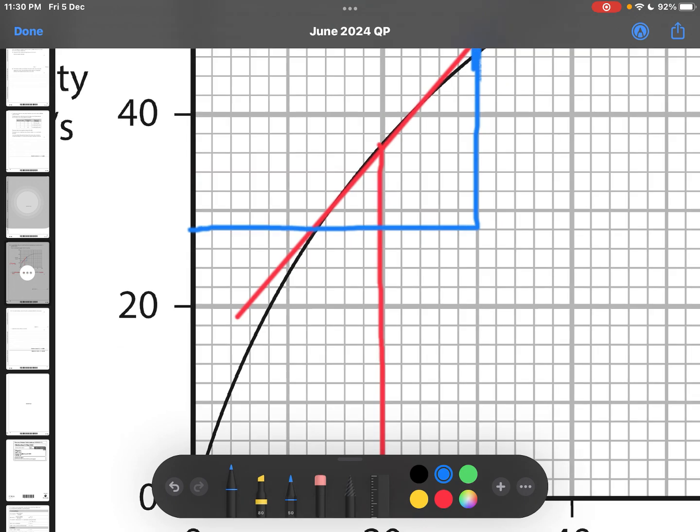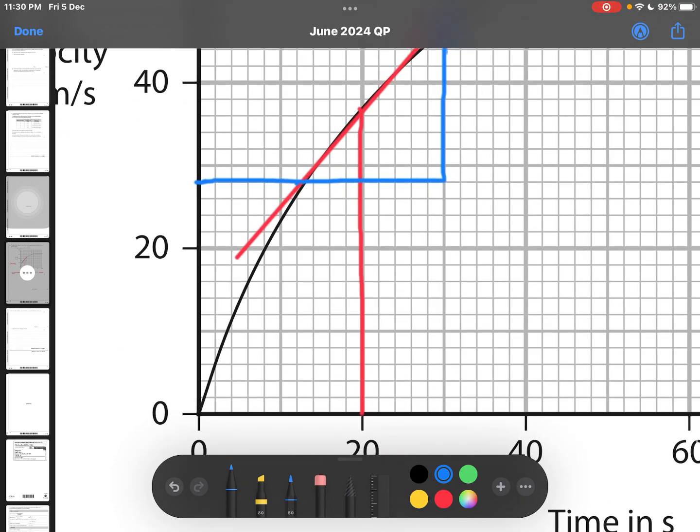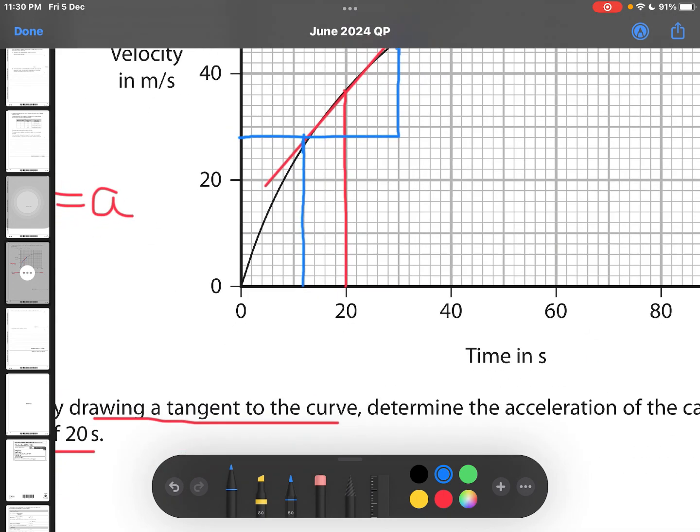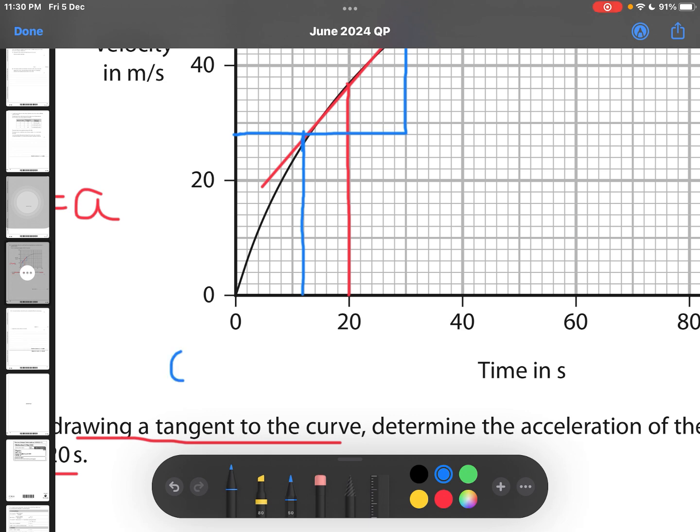So over here, this is one value. Let's write down the coordinates of this point. So this should be 12 on the x-axis, and on the y-axis we have 28. So 12 and 28.